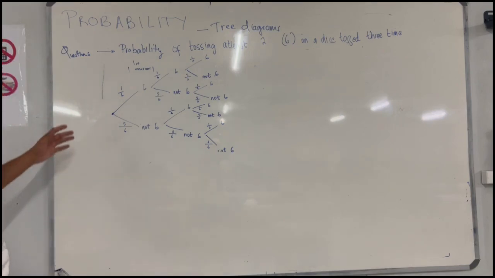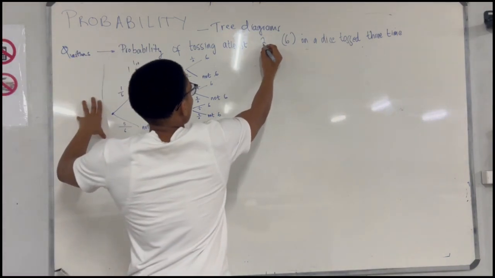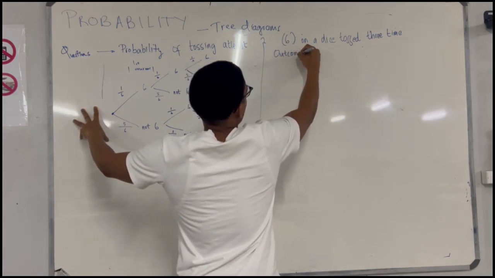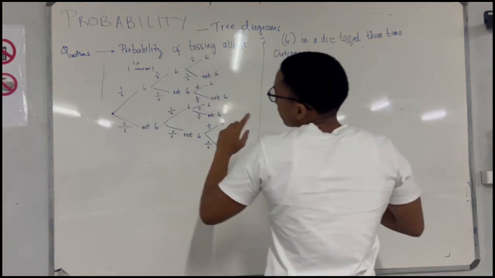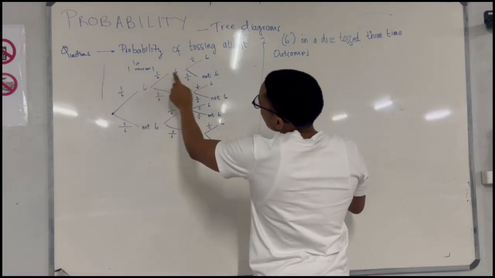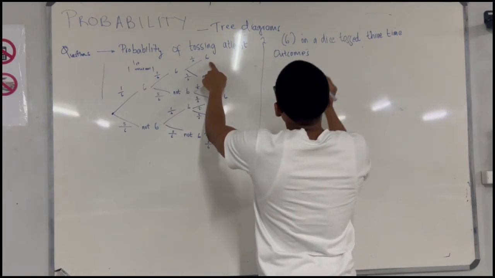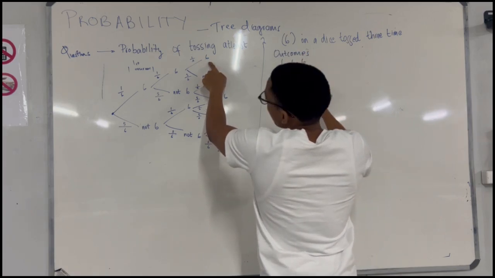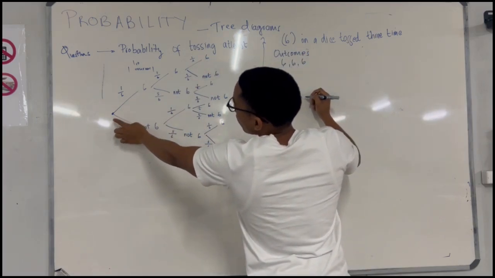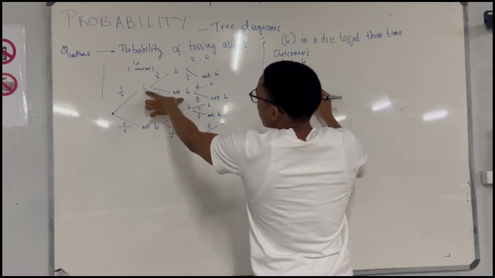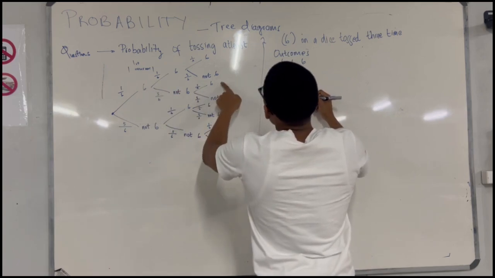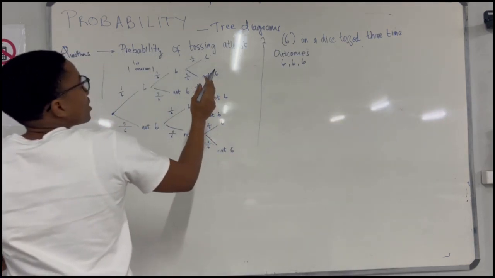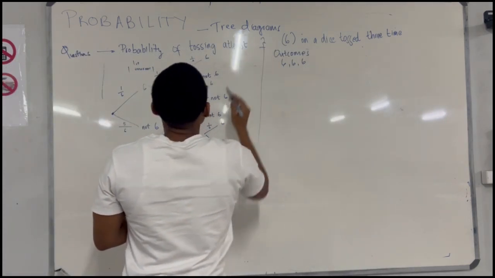So we're going to write down the outcomes of each branch leaf. Going through the branch, we have a 6, 6, 6, right? So it's either we get 6, 6, 6 or a 6, not 6 and 6. Remember, the question says at least 2 sixes.